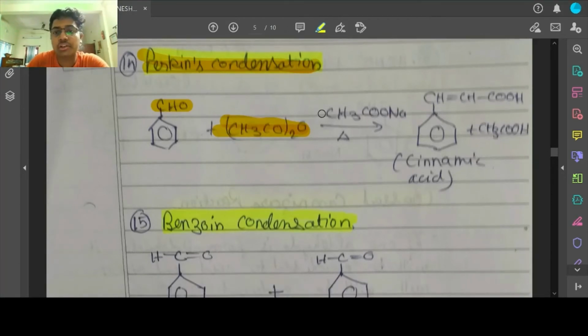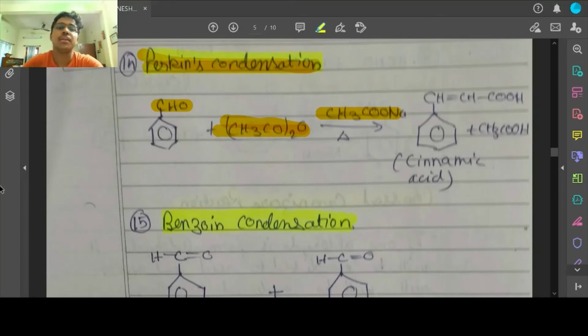Acetic anhydride is formed from acetic acid. According to the rules of the Perkin condensation, the sodium salt of the acid from which the anhydride is made should be present as a catalyst.